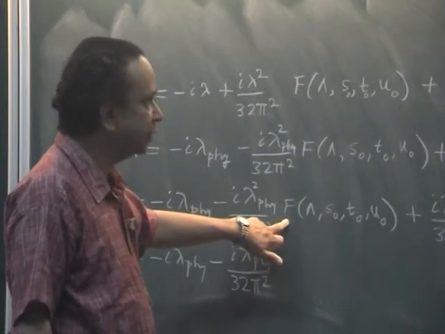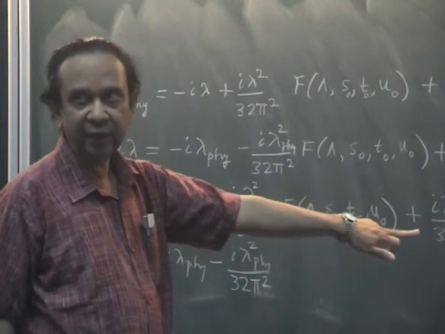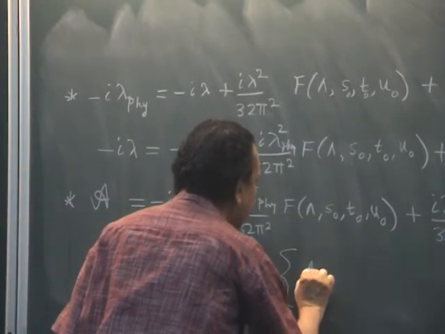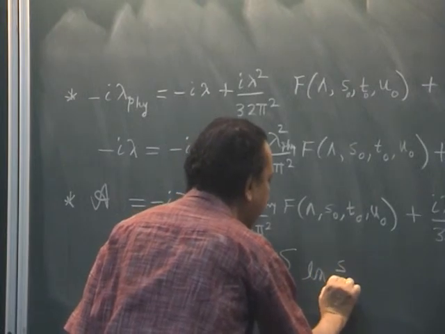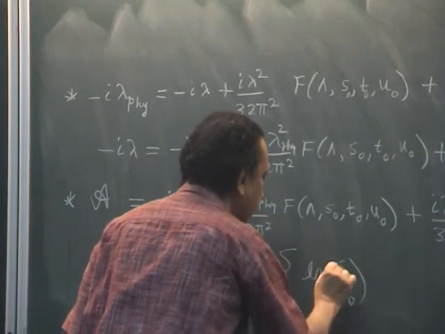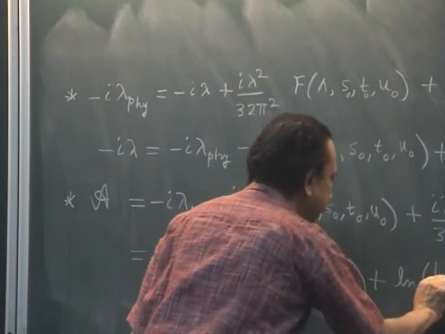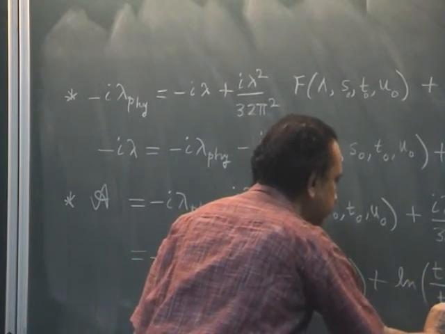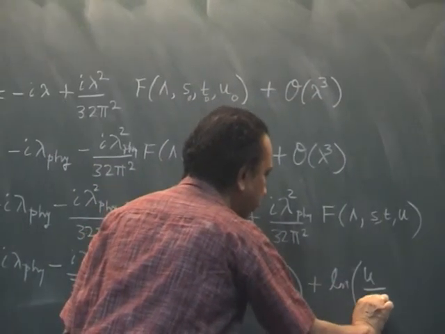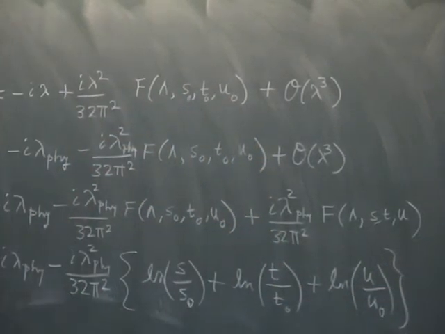So this quantity is going to have 1 upon S0 kind of terms, and I am subtracting from it the terms with S, so this will become log S by S0 plus log T by T0. So this is your answer.